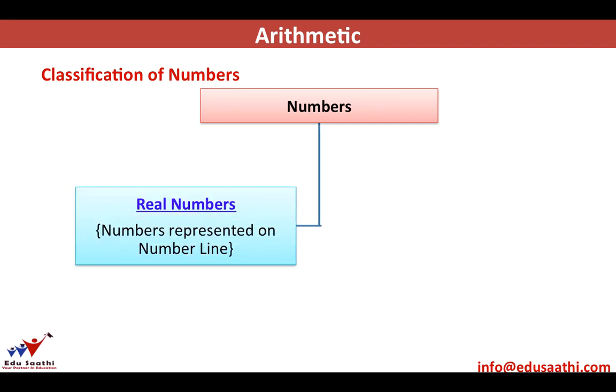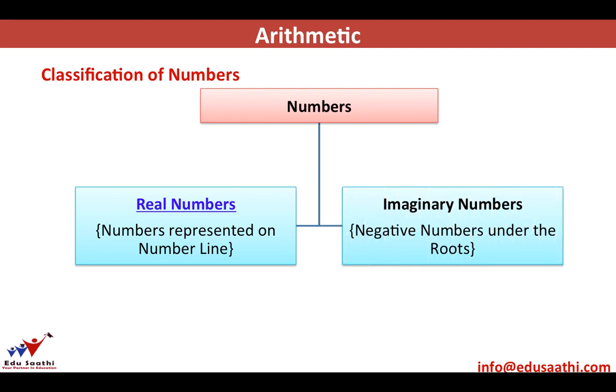Numbers can be classified into real numbers and imaginary numbers. So a number can be classified as either real or imaginary. To distinguish between the two, I need to understand what we mean by real numbers. All the numbers that can be represented on the number line are known as real numbers.